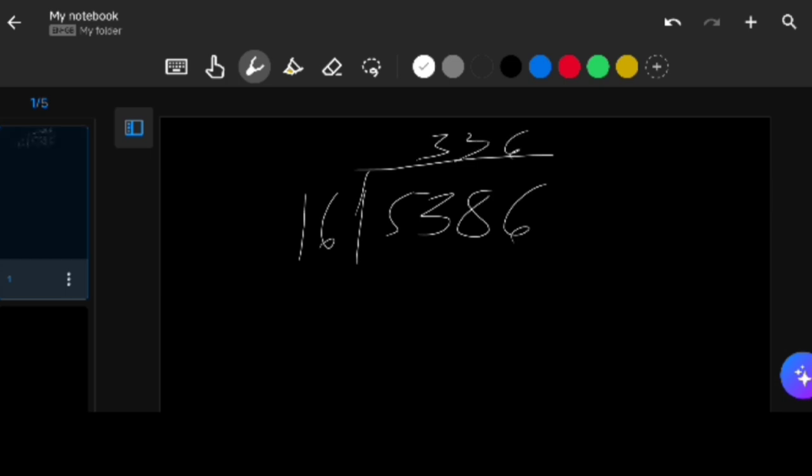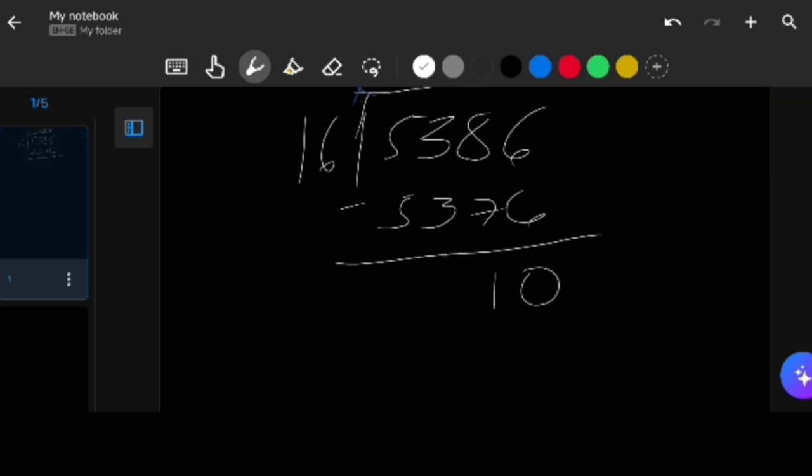So 336 times 16 is equal to 5376, and that will give us our first remainder, 10.